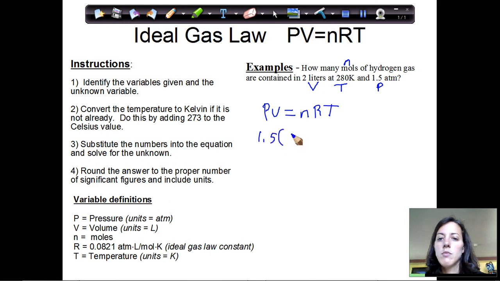The volume is 2. n is what we're looking for, so I'm just going to write n. R is 0.0821. And the temperature must be in Kelvin, and it is 280.